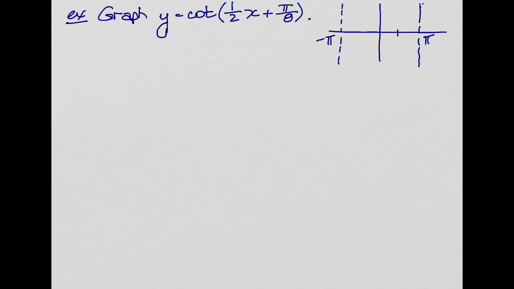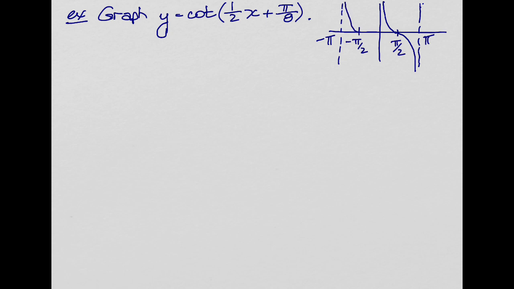The cotangent of pi over 2 is 0, since the cosine of pi over 2 is 0. It's going to go up to the left, down to the right. Looks a little bit like a negative cubic function. This is negative pi over 2.